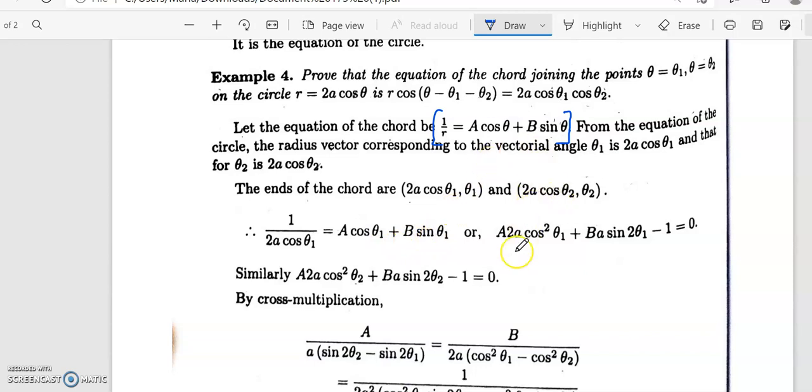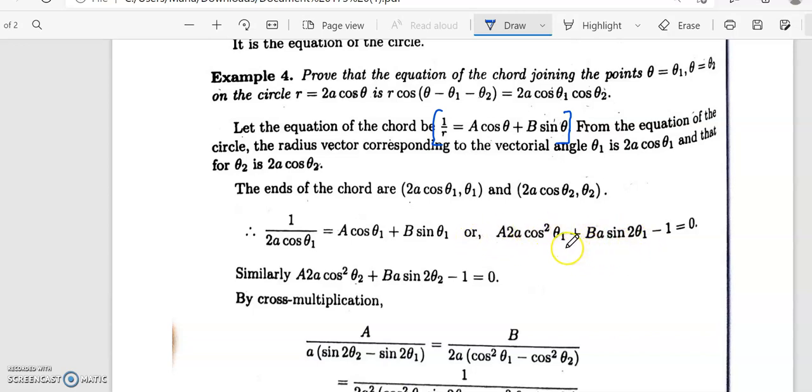And this can be simplified by cross multiplying. So we will get 2a into a cos square theta 1 plus b a sin theta 1 cos theta 1 minus 1 equal to 0. Now 2 sin theta 1 cos theta 1 I can write as sin 2 theta 1.